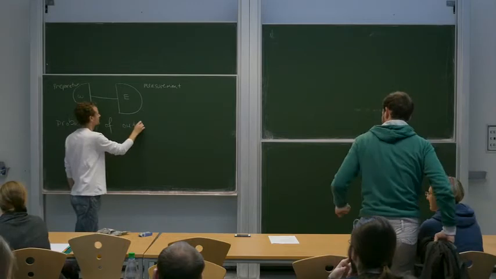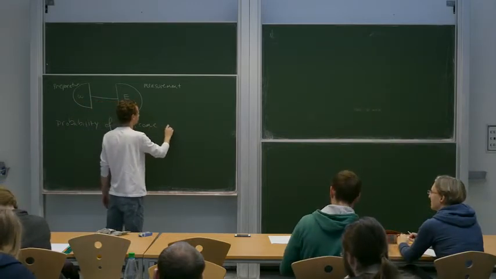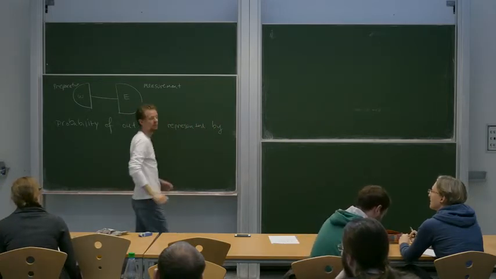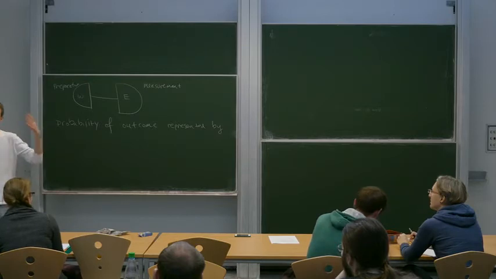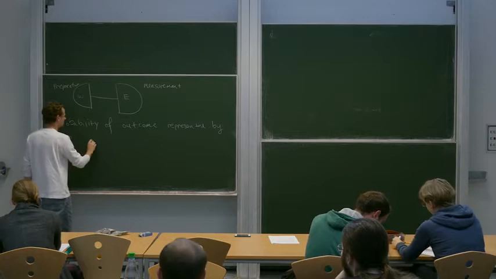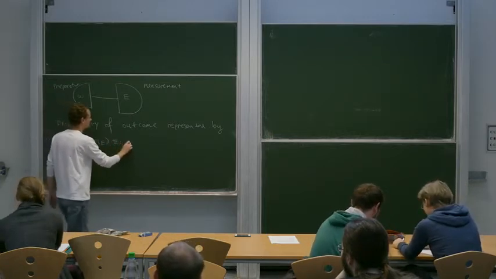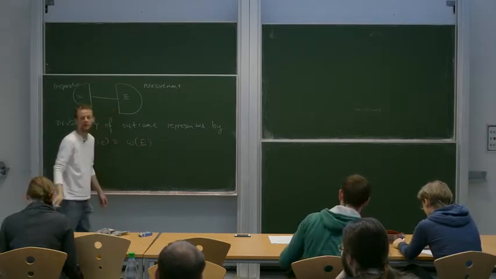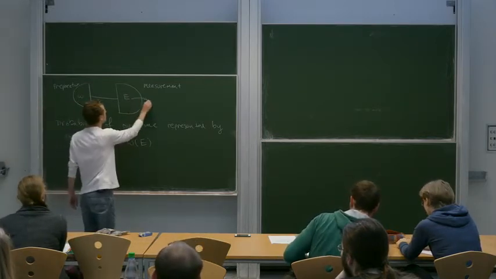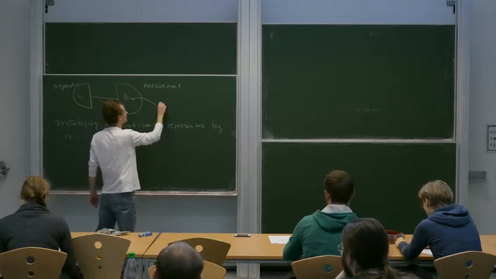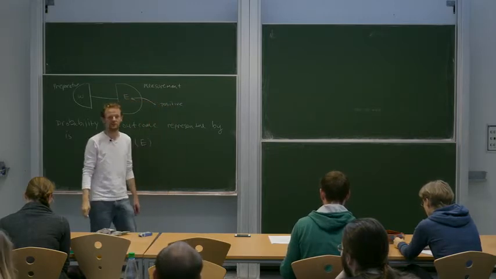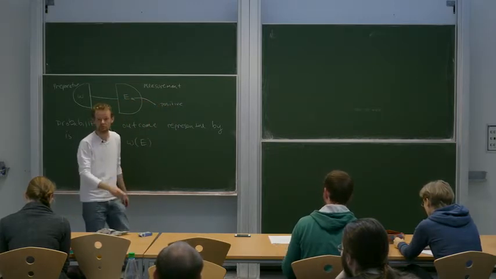And the probability of outcome represented by E, the empiric probability that you measure in the experiment after many repetitions, many clicks, is this number here. So remember, an effect, E, is a positive element of an algebra, which is just another way of saying a matrix in finite dimensions.